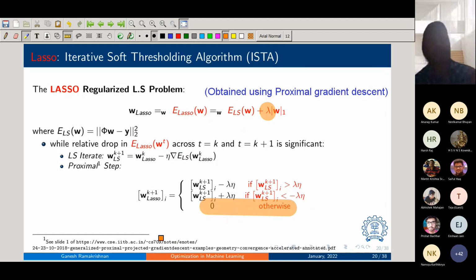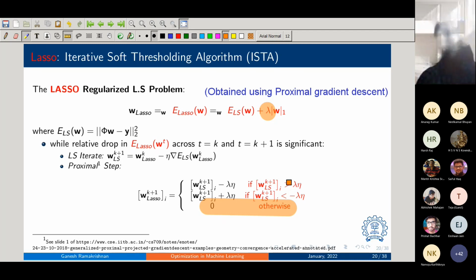So algorithmically you can understand why this propensity to have sparse solutions arises: because of the proximal step, in the steady state the W's tend to be either greater than lambda eta or less than minus lambda eta.